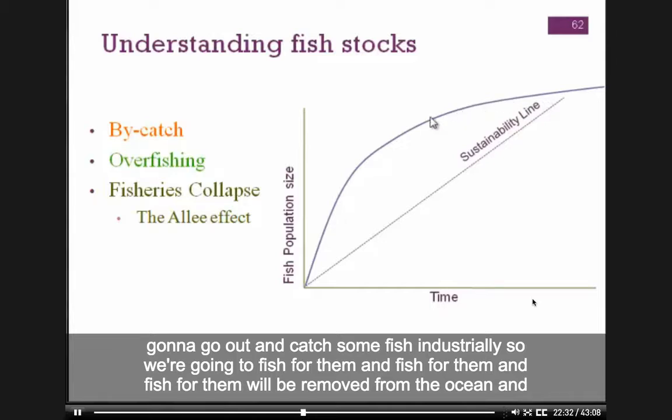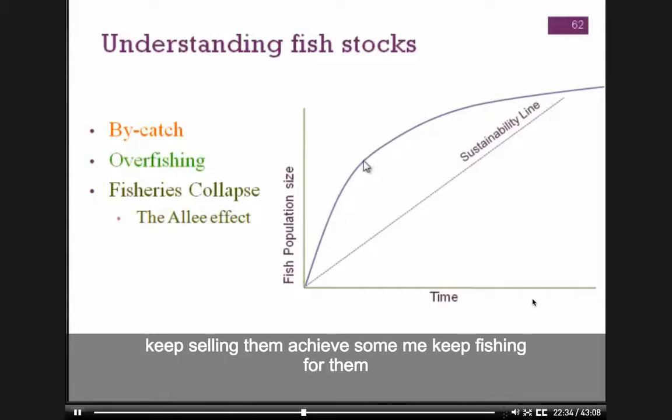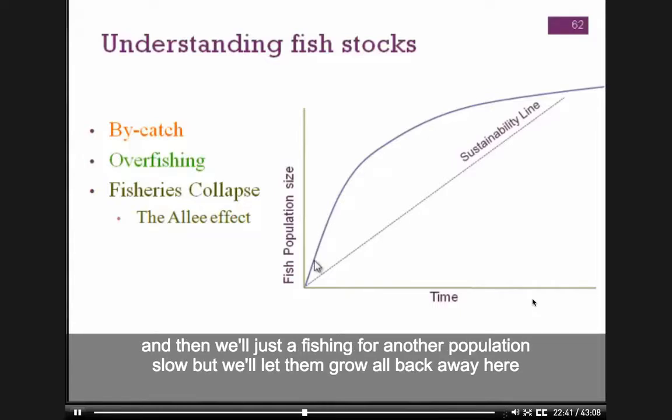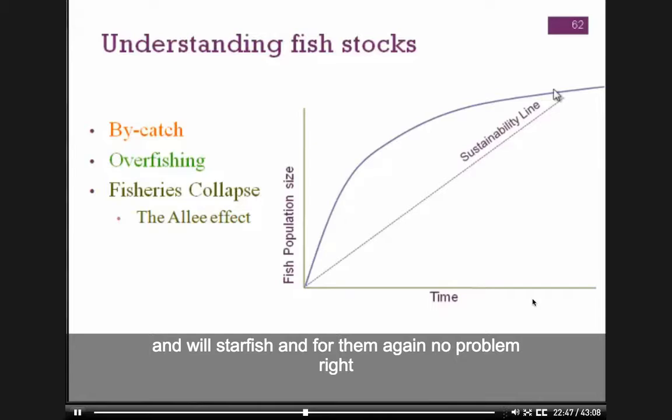We're going to remove them from the ocean and keep selling them and keep fishing for them until their population gets down to about right here. And then we'll just stop fishing for them. Yeah, their population's low, but we'll let them grow back all the way to here. And we'll start fishing for them again. No problem, right? Except fish populations don't grow this way.